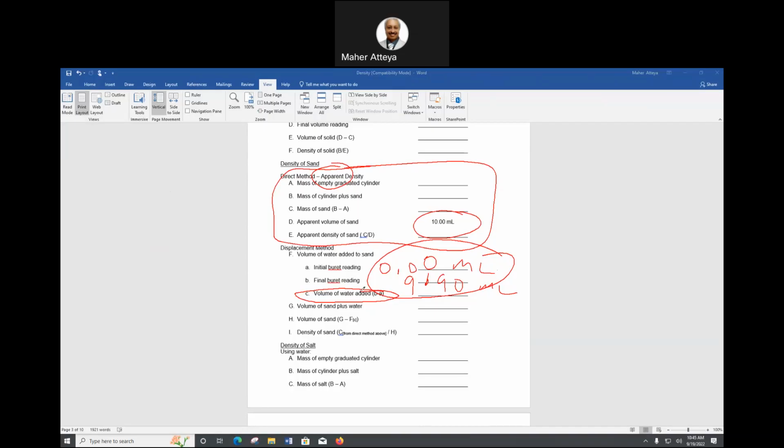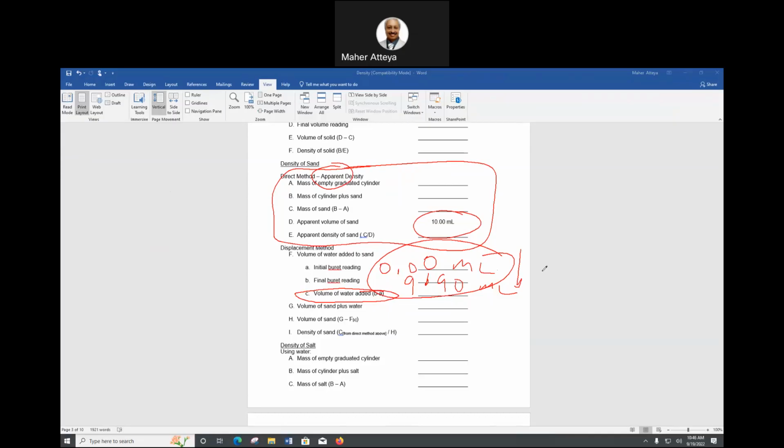So after mixing, you read the second, the real value. You divide by whatever you have entered from the burette. That will give you the volume of the sand. The mass of the sand you already determined by weighing this empty, then adding the sand, 10 mils, and weighing again. The difference will be the mass of the sand. You added exactly from the burette 9.90, and here you read 10.